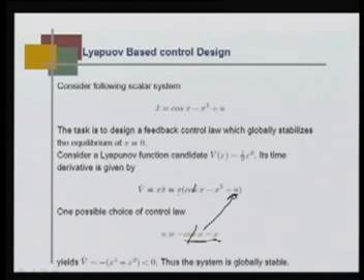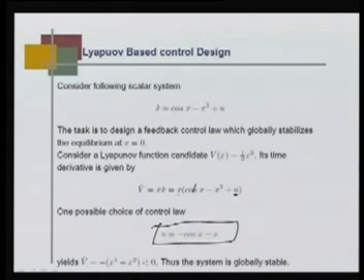So, this is always negative, so the system is globally stable. This is my control law, u equal to minus cos x minus x, which I found simply by applying the Lyapunov function.